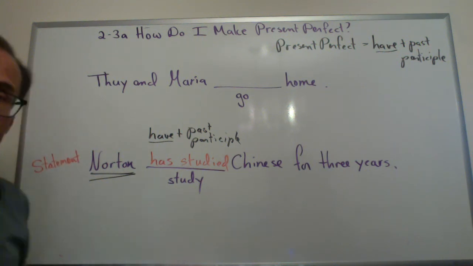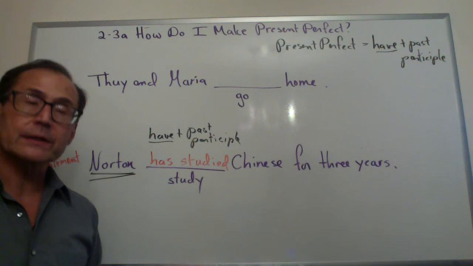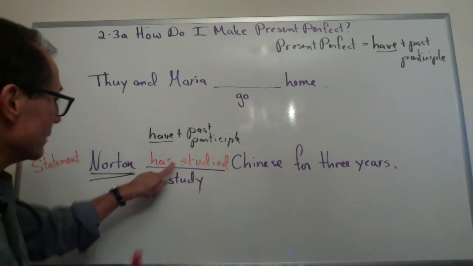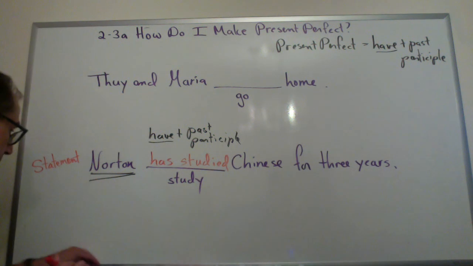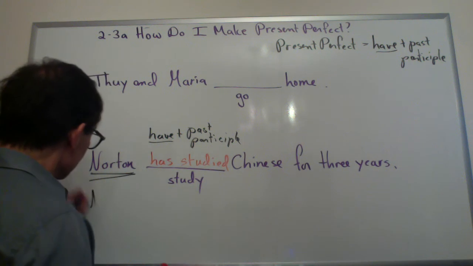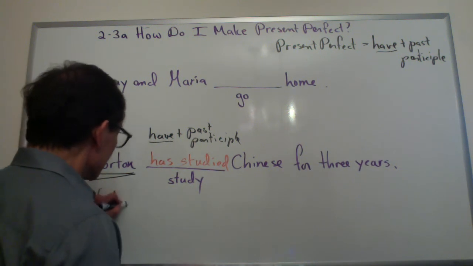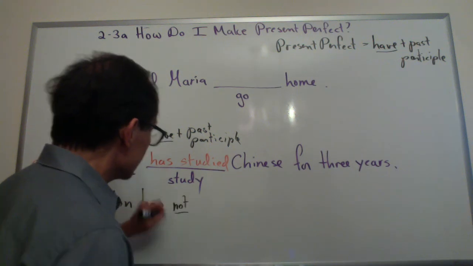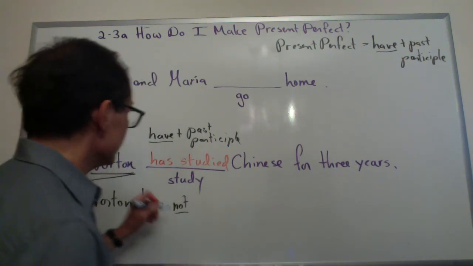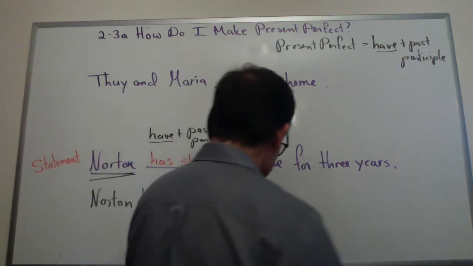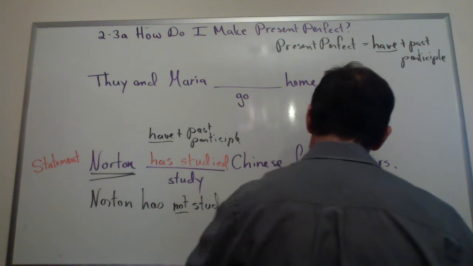If I want to make a negative statement in present perfect, it's very easy to do. I just add the word not right here. So I could say, Norton has not, and I just put not right here after has, studied Chinese for 3 years.